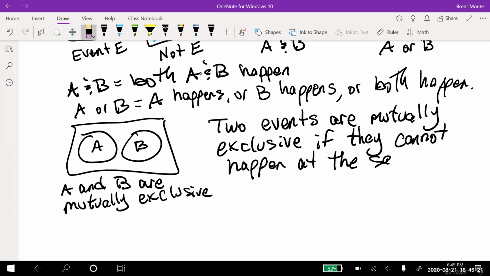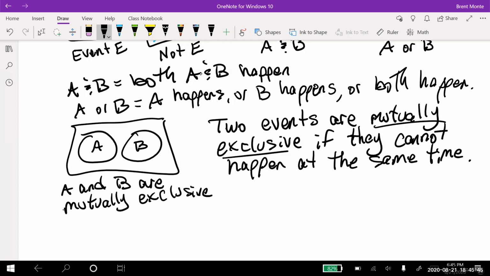So for instance, getting a grade of an A and getting a grade of a B in the same class on the same test, those are mutually exclusive. You can't get an A and a B on the same test. You can either get one or the other. Okay, so those would be mutually exclusive. There's my definition of mutually exclusive.